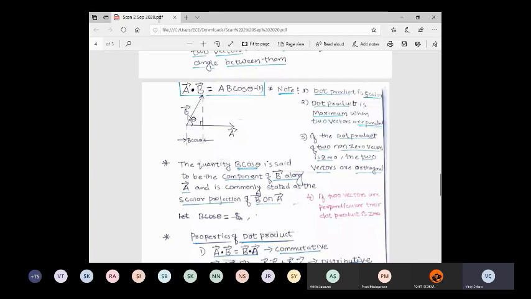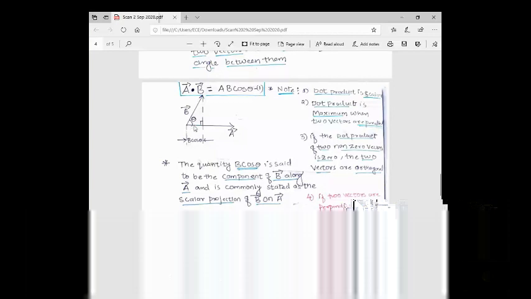Now, what is very interesting is that this is a right angle triangle, and you could verify that this particular length is nothing but B cos theta. Because cos theta is adjacent by hypotenuse, if I take cos theta equal to x divided by B, then x equals B cos theta, so the magnitude of this particular length will be B cos theta.